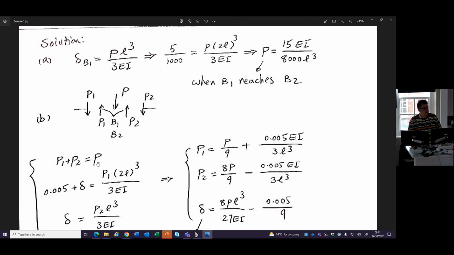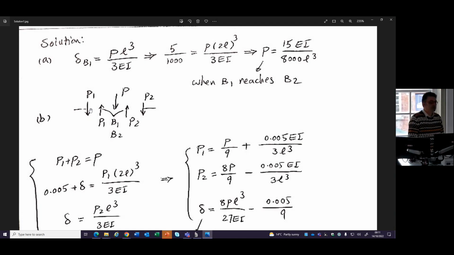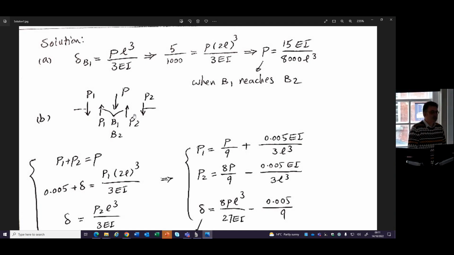I just want to use the sum of forces along the y direction equal to 0. For the summation of F over y direction equal to 0, I only need the forces along the y direction, which are P1 as shear force here, P2 internal shear force here, and the external force P here. So this is epsilon, this is epsilon.